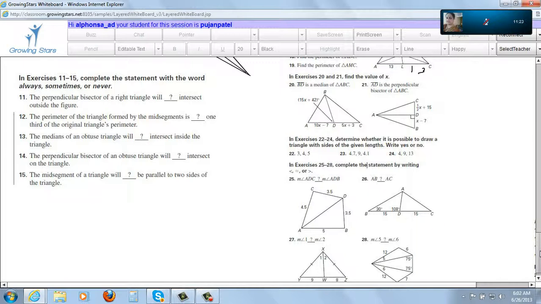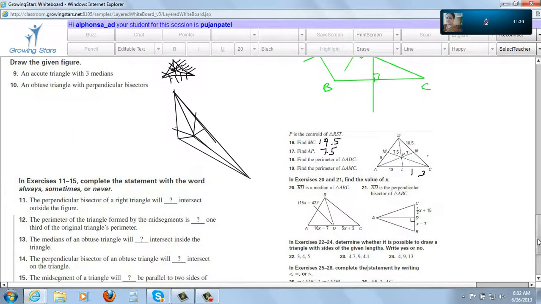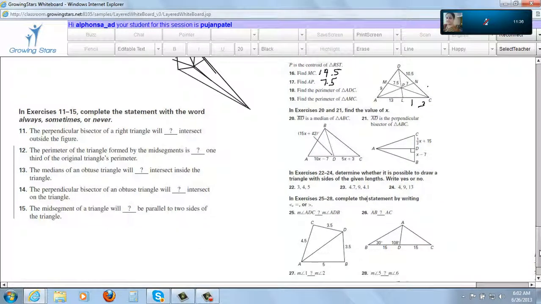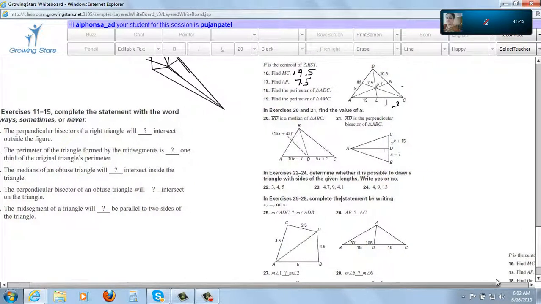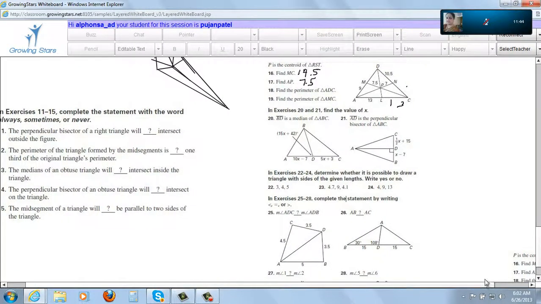In an obtuse angle triangle, this is the orthocenter, this is the circumcenter. The point of concurrence of the perpendicular bisectors is the circumcenter. The orthocenter is the point of concurrence of the altitudes.